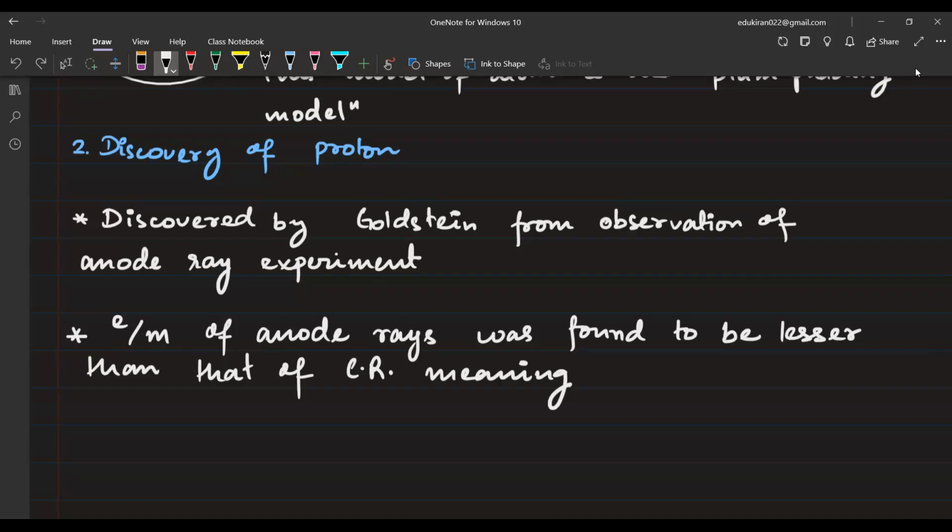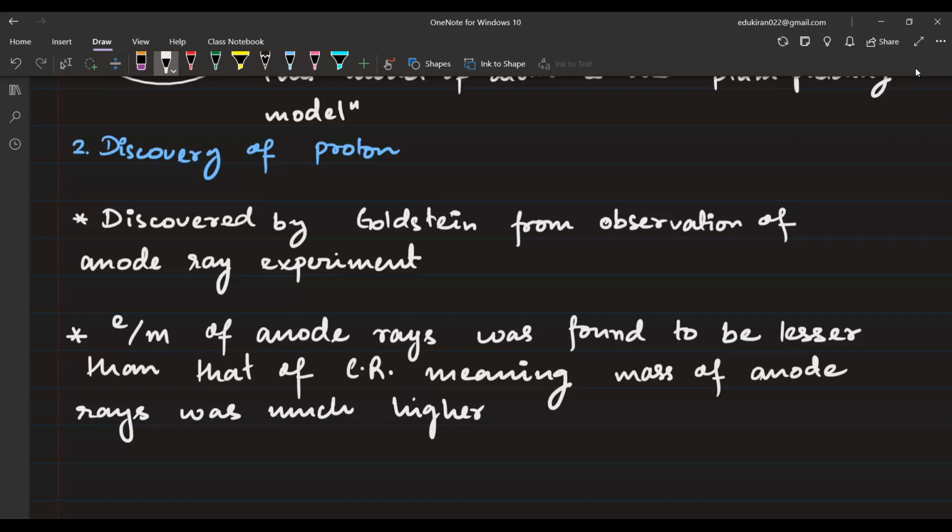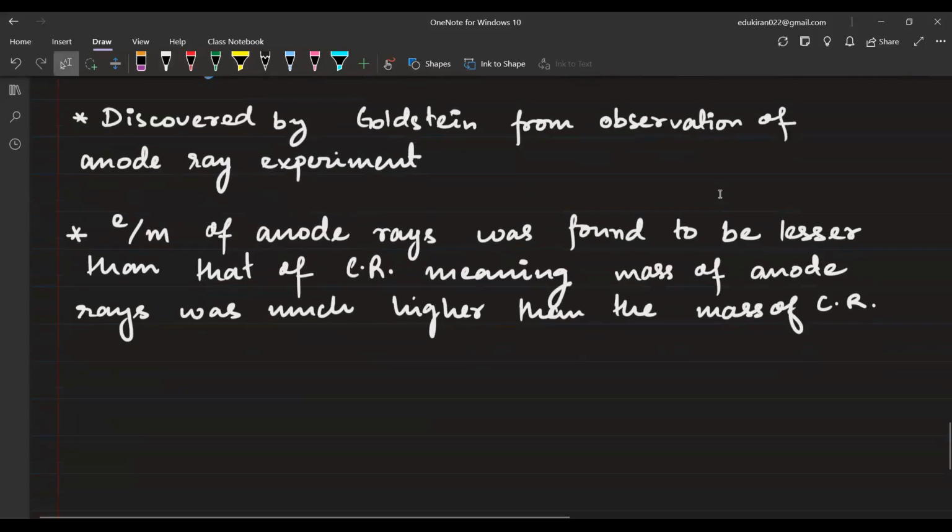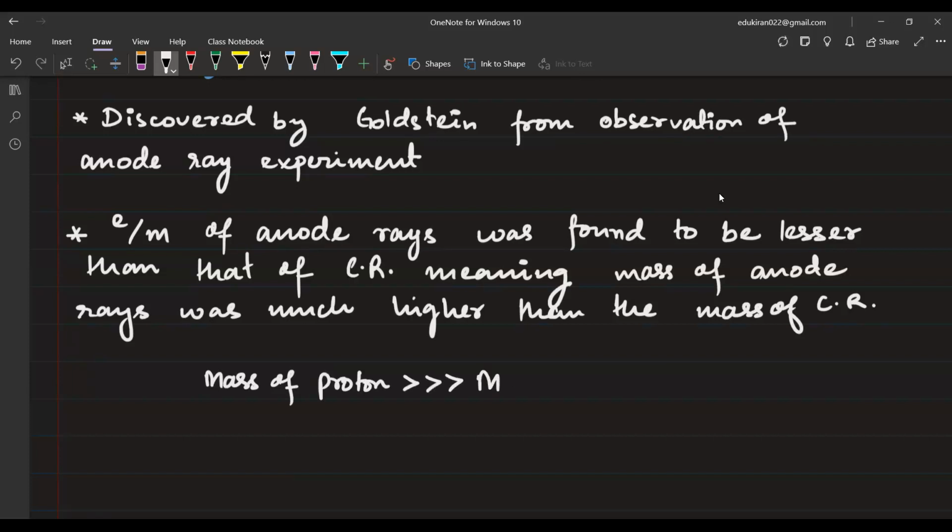Meaning, the mass of anode rays was much higher than the mass of cathode rays. That is why you all know that the mass of a proton is very, very high, very much higher than the mass of an electron.